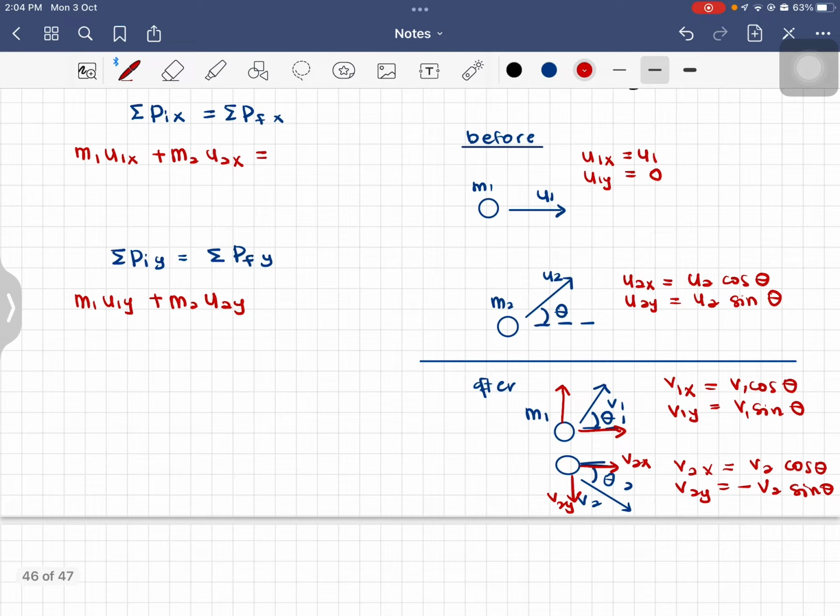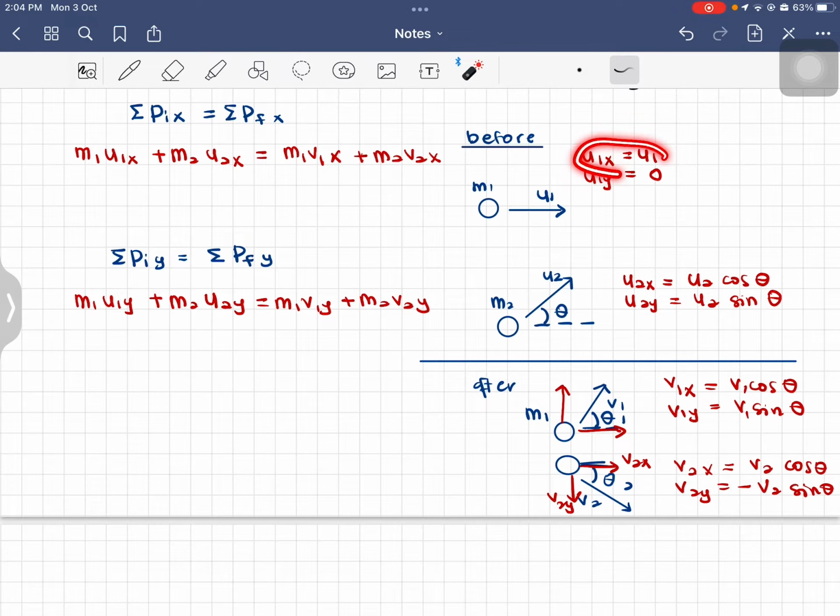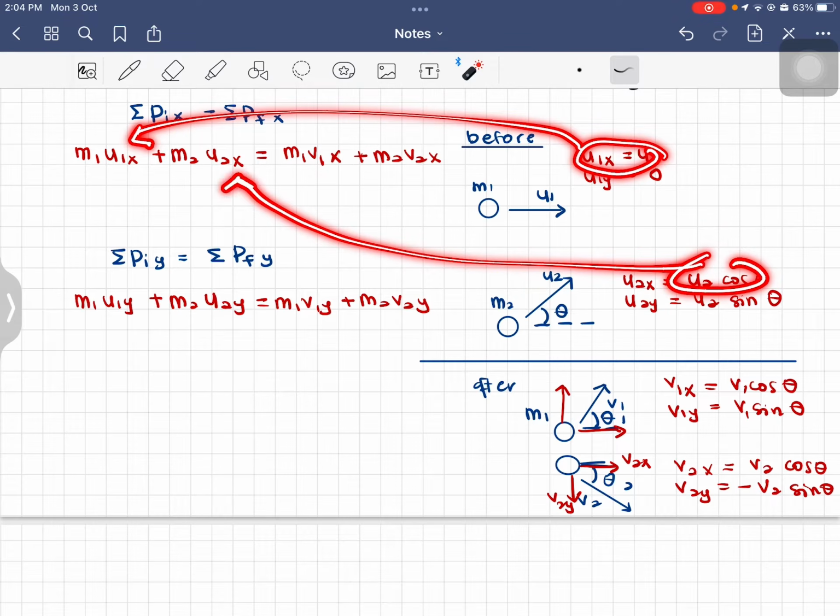Okay, so sama juga kat sini. Awak kena guna X component. M1 V1X tambah dengan M2 V2X. This one is M1 V1Y plus M2 V2Y. Jadi bila nak masuk value, you need to put here lah. U1 masuk sini, yang ni masuk sini. Okay.